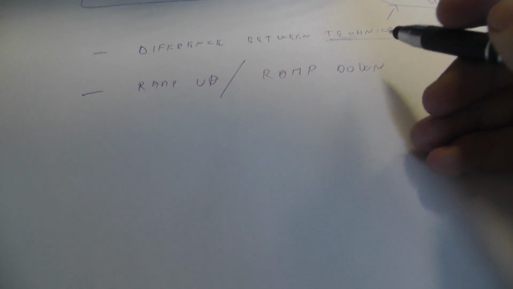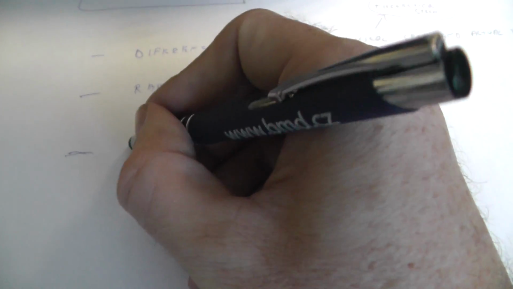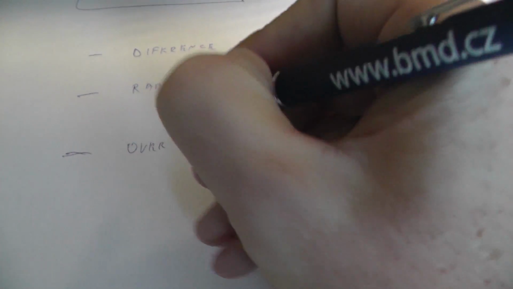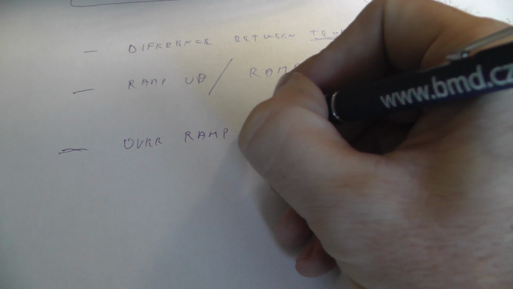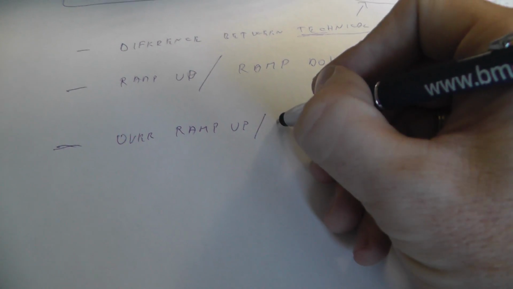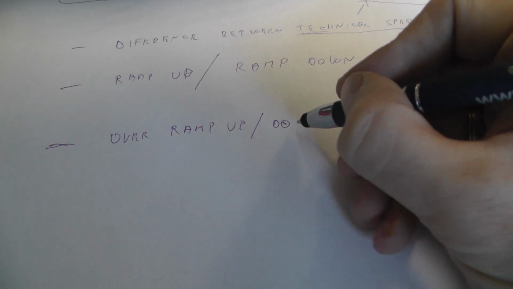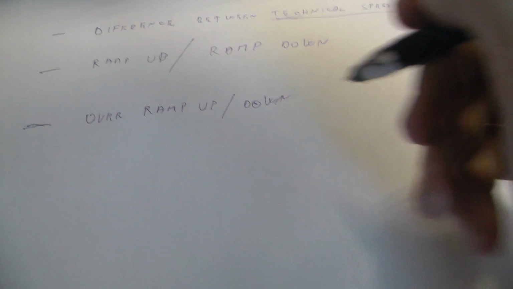And the third reason of speed losses is over ramp up and over ramp down. So what does this over ramp up and down mean?